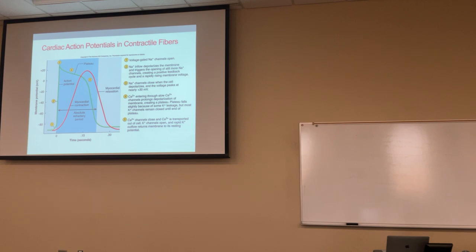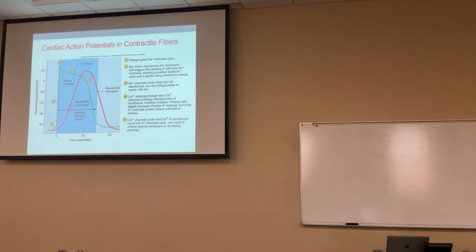Okay? So the fact that there is a very long plateau phase means there's a long absolute refractory period. It means that the heart cannot go into tetany, where it stays contracted. Because if it did, the heart would be in cardiac arrest. The heart wouldn't be able to pump blood.